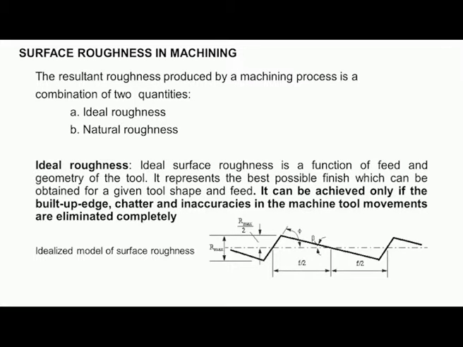are eliminated properly. This diagram shows that from valley to valley, this gap is known as the feed per revolution, and these are the various angles on the cutting tool. Because of this tool shape and feed rate, we get the surface roughness. This valley to peak distance is the Rmax, again a parameter used to designate the surface roughness.